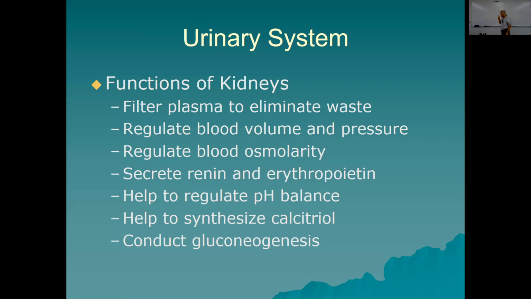Okay, pH balance. This is a big thing. Whether you want to get rid of hydrogen ions or save hydrogen ions, or you want to get rid of bicarbonate ions or save bicarbonate ions. It's one of the major organs that helps regulate pH.